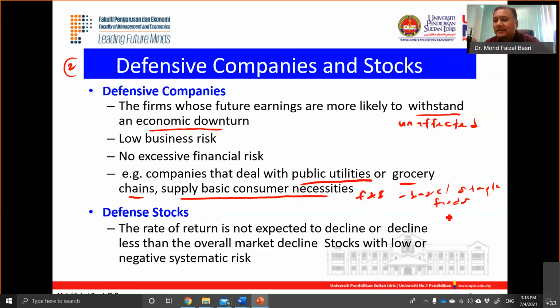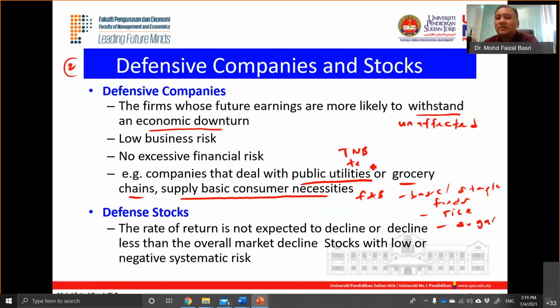Items like companies related to production of rice, production of sugar maybe, because regardless of the economic situation, we're going to use this rice, sugar. For public utilities, in Malaysia, we have companies like TNB, for example, for electricity.